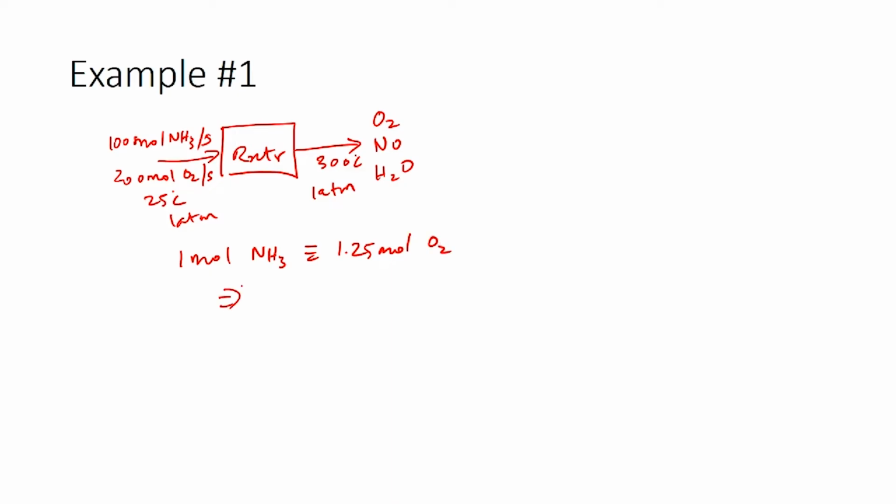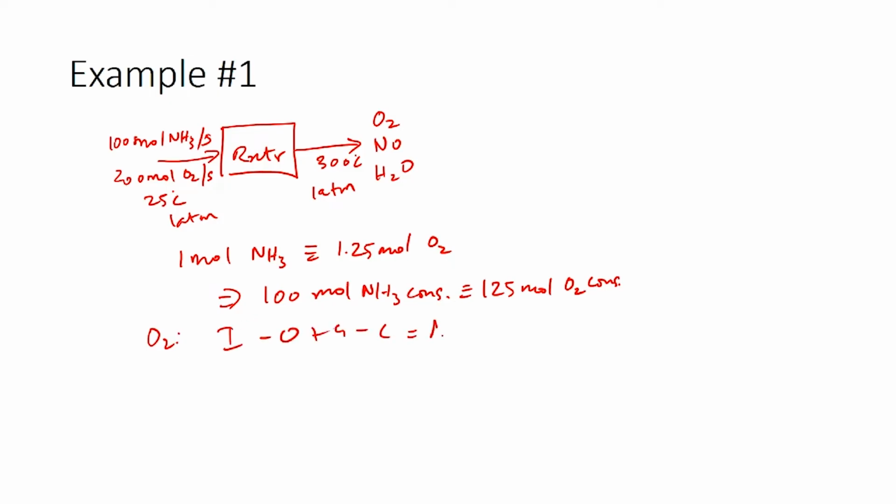So, this implies for 100 moles of ammonia consumed, you would have 125 moles of oxygen consumed. Okay. Now we can write an oxygen balance. It would be input minus output plus generation minus consumption equals accumulation.